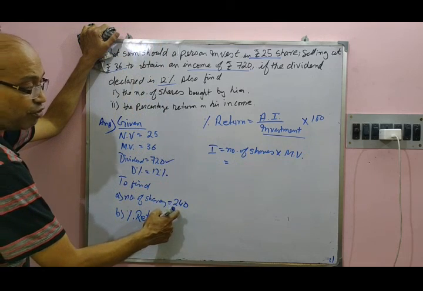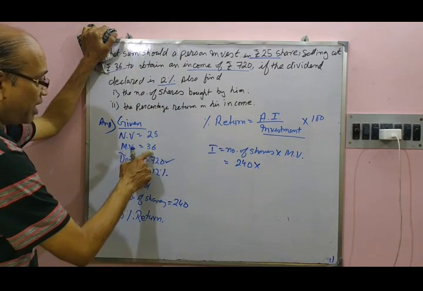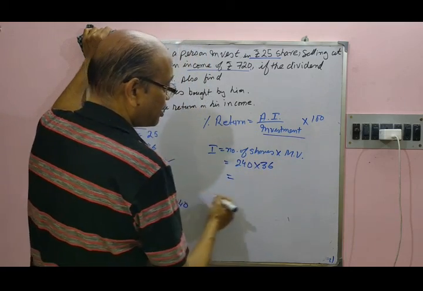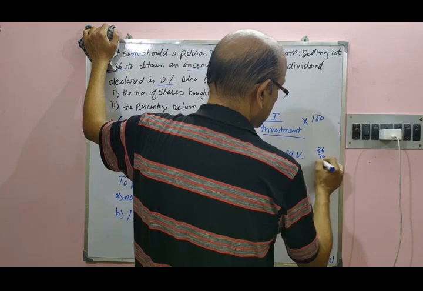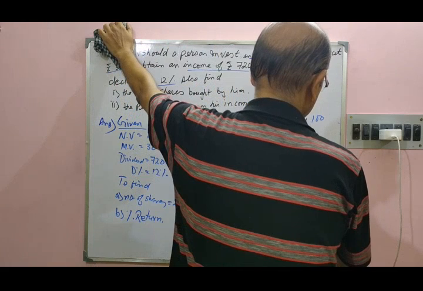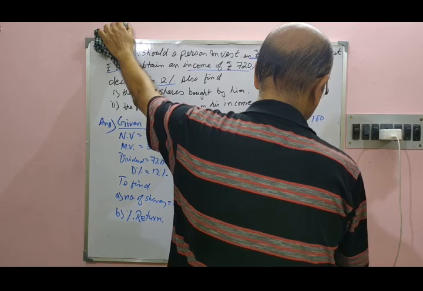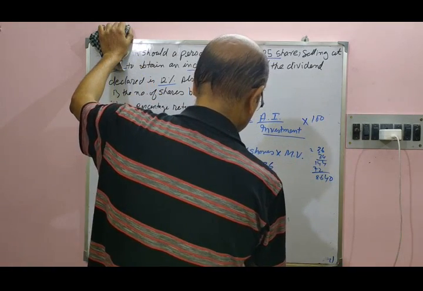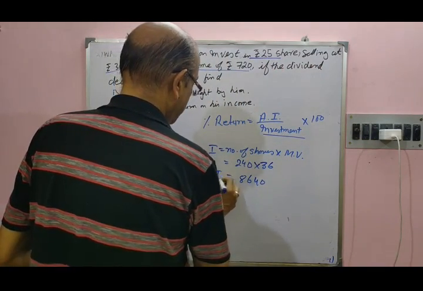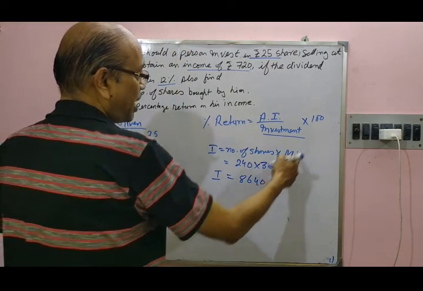Number of shares we have calculated 240, and market value is 36. So what is the total investment? 8640. Investment is 8640 rupees.